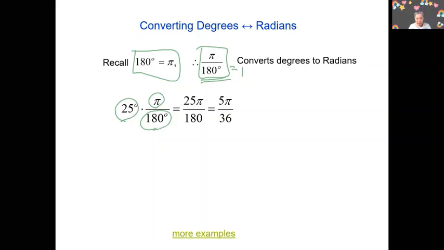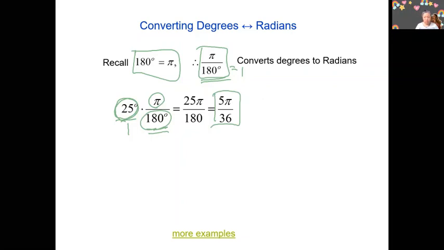Because our goal is to get rid of the degree unit so that we have radian measure at the end. The cancellation goes in here: the given degree will cancel with the degree in the denominator. Then all you have to do is simplify at the end, and this is the equivalent radian measure.